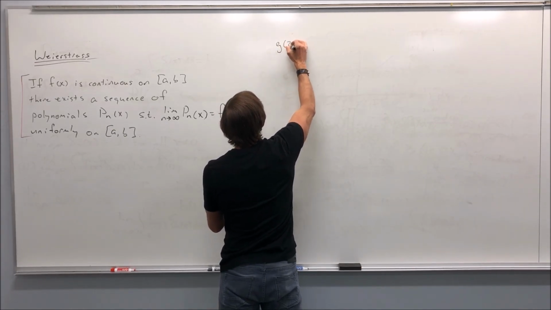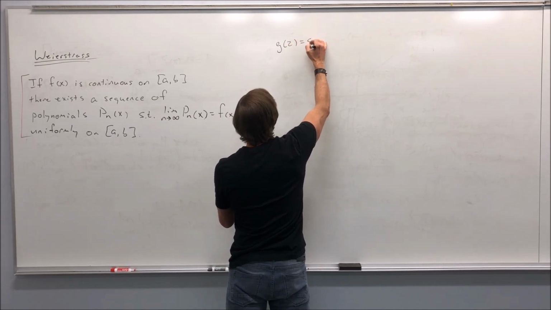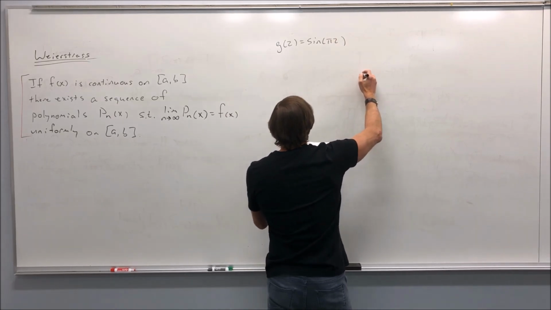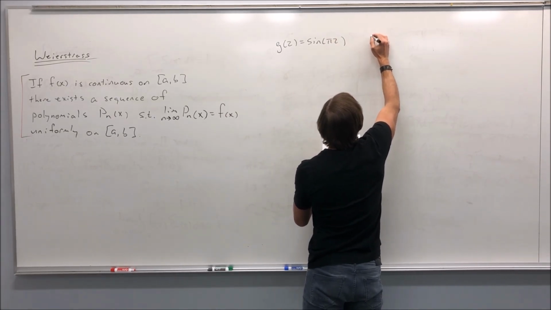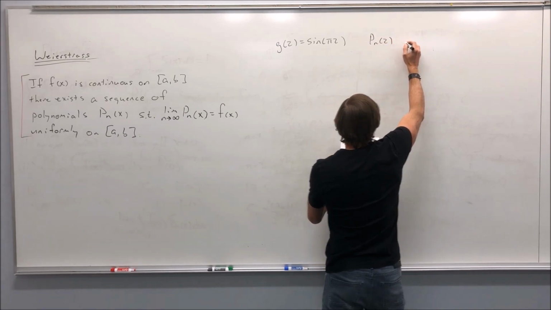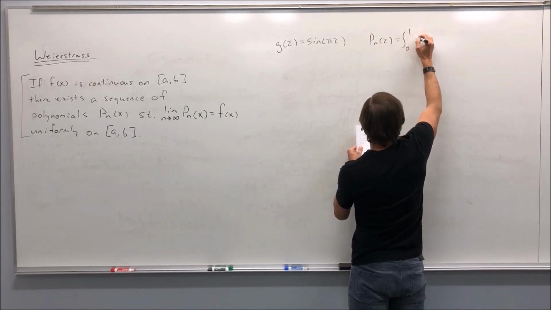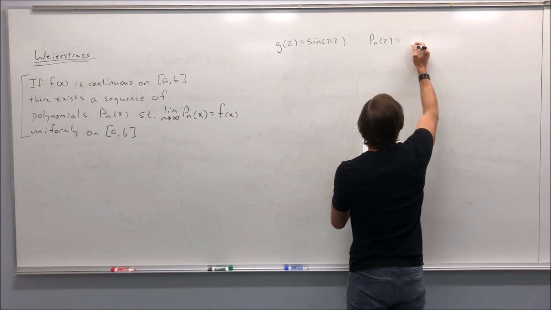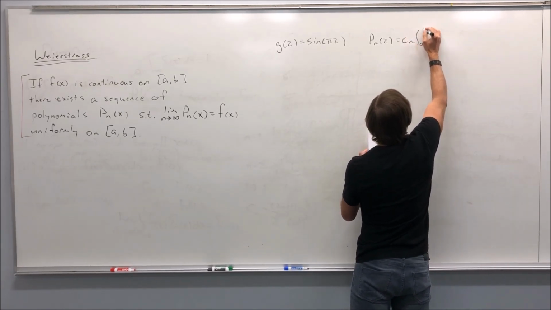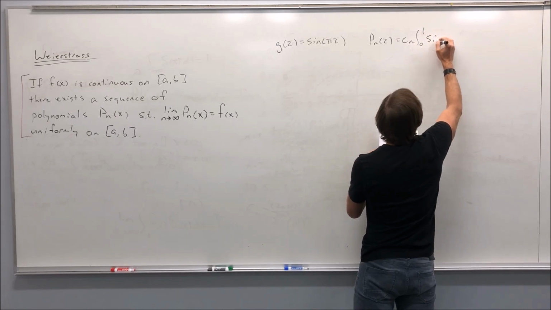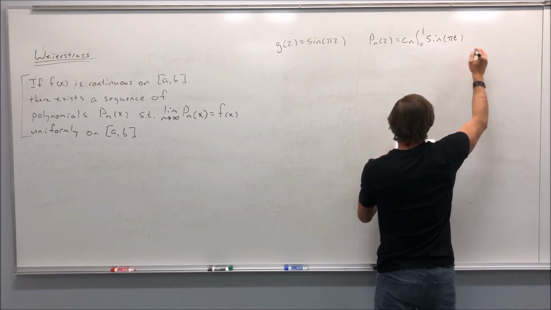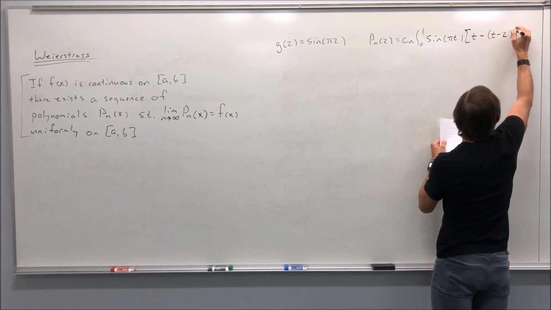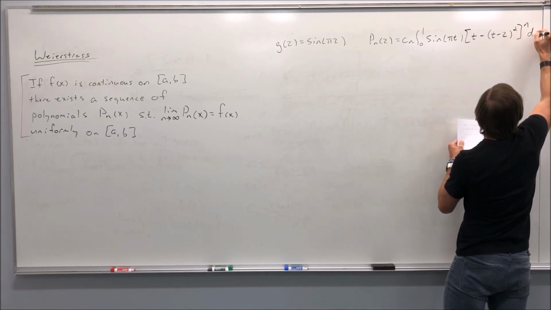So let's take our g of z to be sine of pi z. Then P_n(z) is equal to c_n times the integral from 0 to 1 of sine pi t times (t minus z) squared to the n dt.